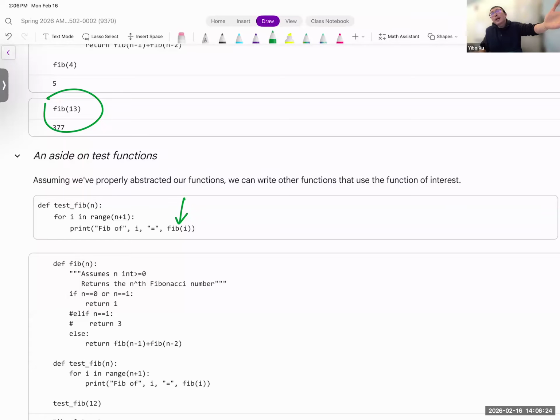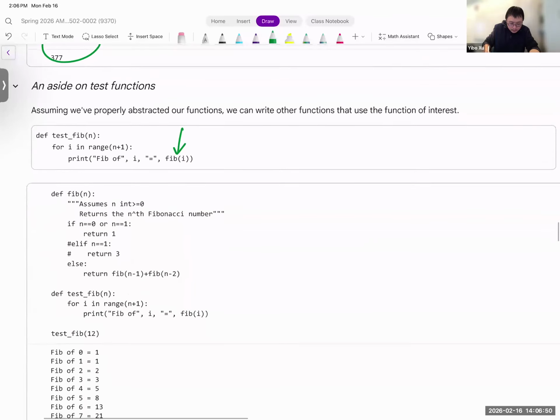Because if you just look at the Fibonacci sequence, if you give me an input, I give you an output. This is not so efficient in terms of looking at the sequence overall. So you can write this kind of test fib sequence function to print out, let's say, the first n terms within the sequence. So that's what this function does.